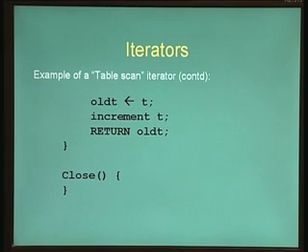And if none of this is the case, then we just return the next tuple. That means we first copy the corresponding tuple to be returned into a new variable which is called old T in this example, and then we increment T and then return old T. For the close function in this example we do not have to do anything, because we have already returned in the getNext function when we have reached the end of the file.